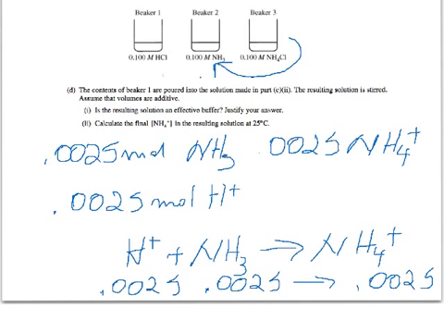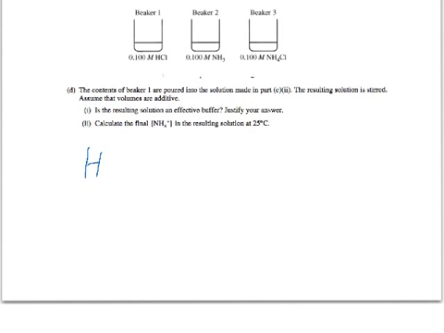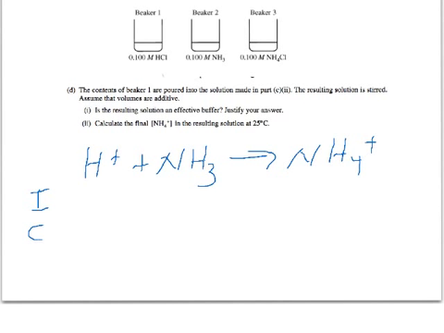Okay, so now let's look at what happens in the last part of the problem. Okay, so we have the same sort of situation that we wrote. So we're adding H plus and NH3, and we're going to get NH4 plus. So let's use our ice table and see how that looks.